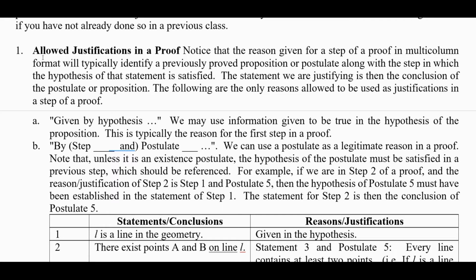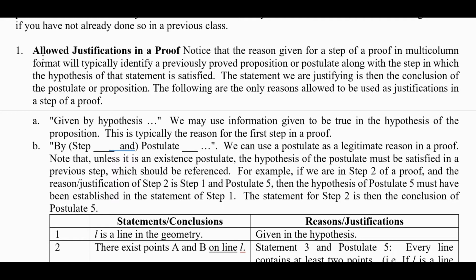Given by hypothesis is a reasonable reason, and we may use information given to be true in the hypothesis of the proposition, and that is typically the reason given for the first step in a proof. For example, if our proposition says we have a line, or maybe even more than one line in our geometry, then our first statement might be "L is a line in the geometry," and the reason is it's given in the hypothesis.